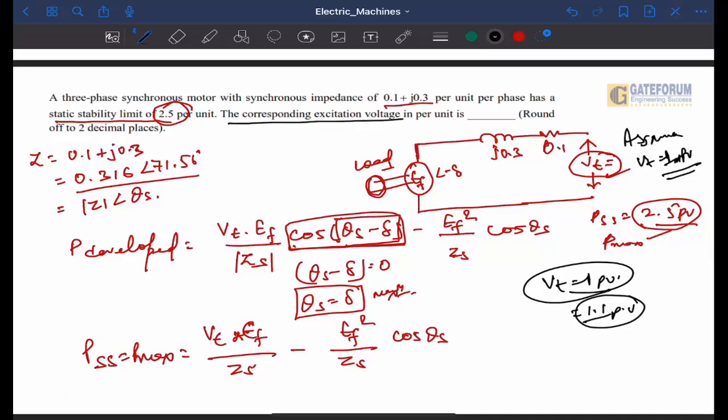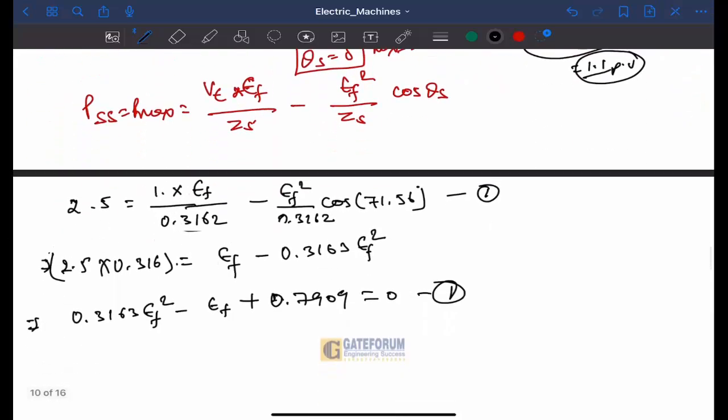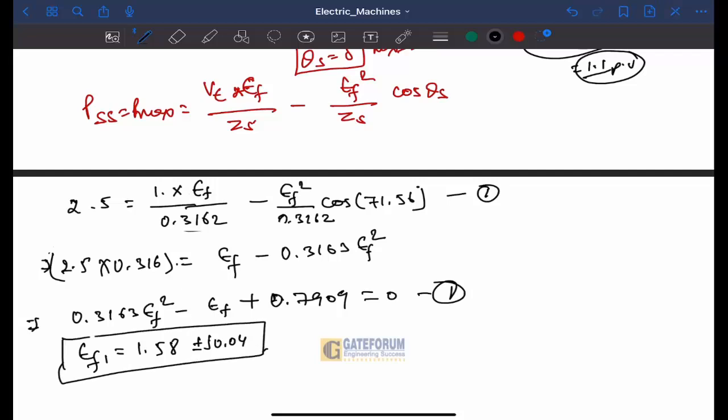We need to find the corresponding excitation voltage. So here we are getting both solutions.